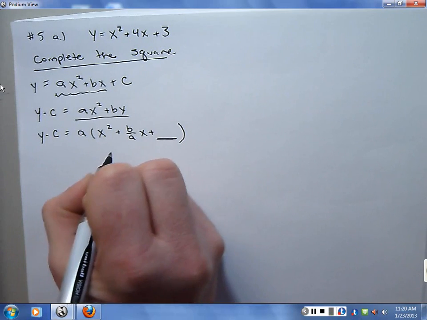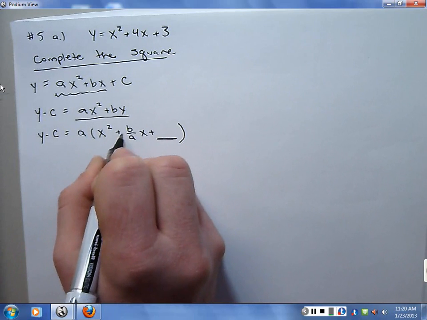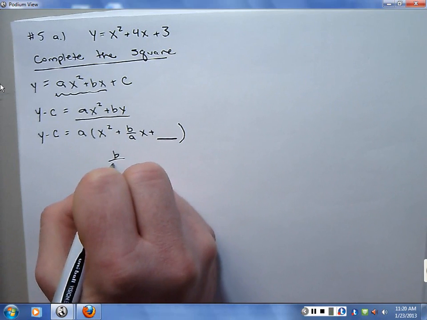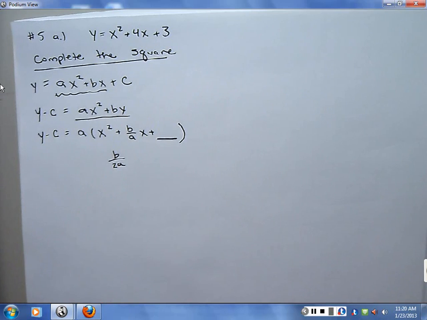B over a, squared? Close. It's b over 2a. But a here is 1, and b is b over 2. So it's half the b term if a is 1. Right. But if a isn't 1, you need to factor that out, make it 1, and then your b term is b over a. So you always add b over 2a, squared.